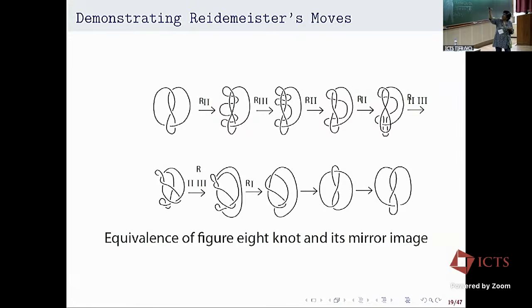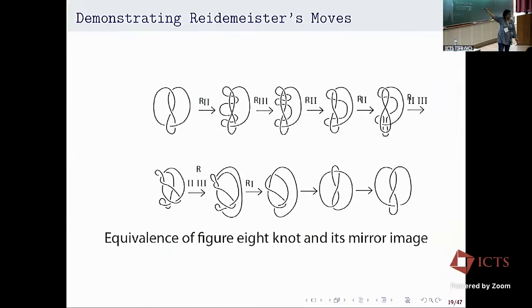See, this particular knot, the leftmost, has 4 crossings. It's a very popular knot called the figure 8 knot. And this is equivalent to its mirror image. But if I see this and this side by side, it doesn't give a good impression of how to use Reidemeister moves. Sometimes the Reidemeister move is artificially used to create more crossings and then simplify, and there are so many steps, like 1, 2, 3, 4, 5, 6, 7, 8.